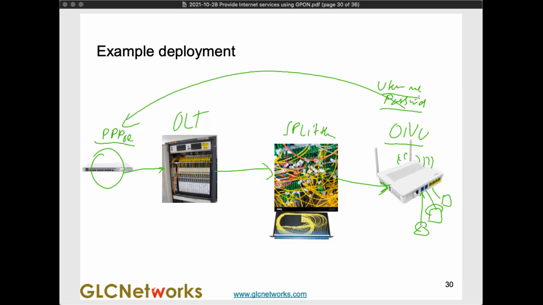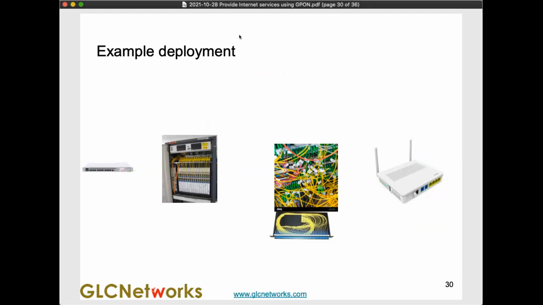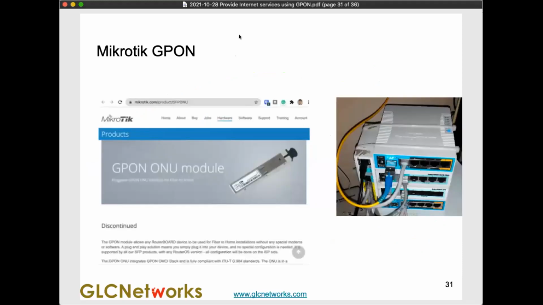For PPPoE, for example, VLAN 100, and for voice we use VLAN 200. That's an example, to distinguish the services. So that's an example deployment.